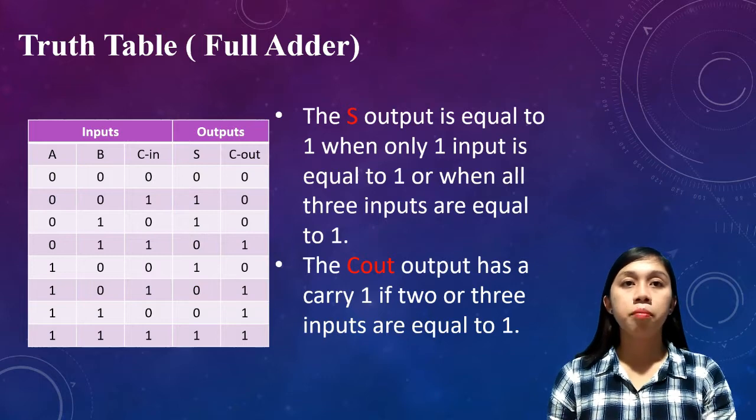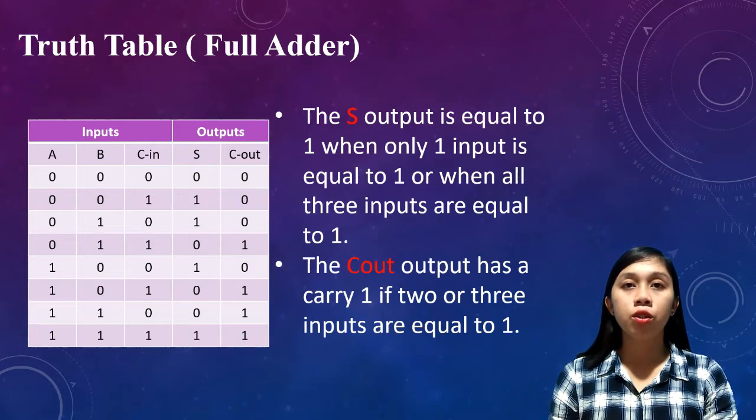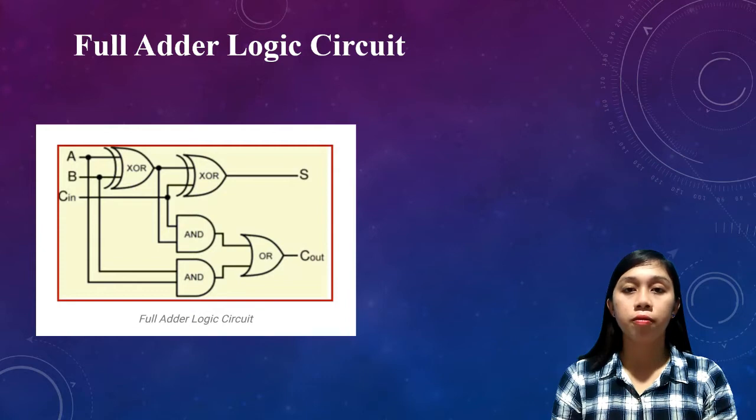To get the sum in full adder circuit, we need to add first inputs A and B to get the partial sum. And after that, we are going to add the partial sum into the input carry to get the final sum output. If any of these two half-adder logic produces a carry, there will be an output carry.